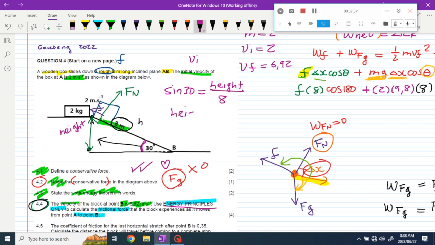So if we solve for the height, we're going to get 8 sine theta, where this theta is the 30 degree angle. Lots of angles, and I think sometimes the angles confuse you guys as well. Are there any questions about what I just did?